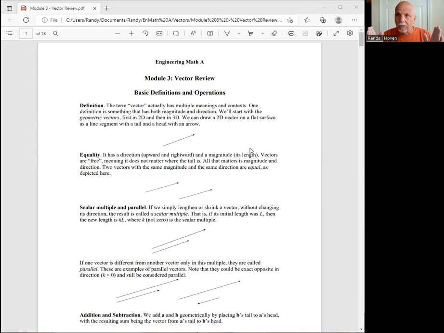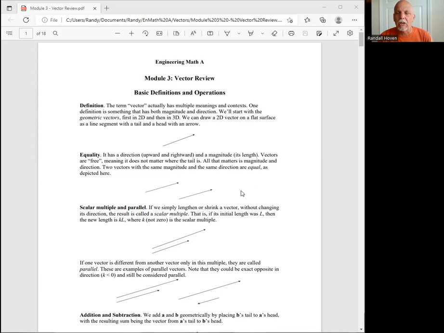Those terms imply a frame of reference, and magnitude just means length, and direction. It doesn't have a particular location. It's free floating. All it has is magnitude and direction.